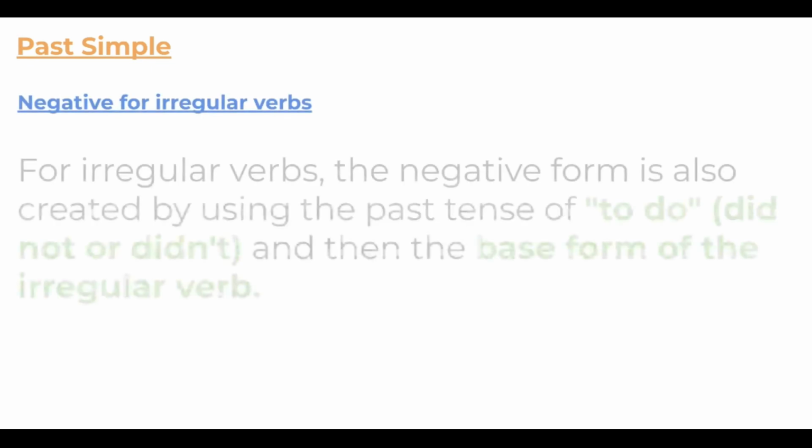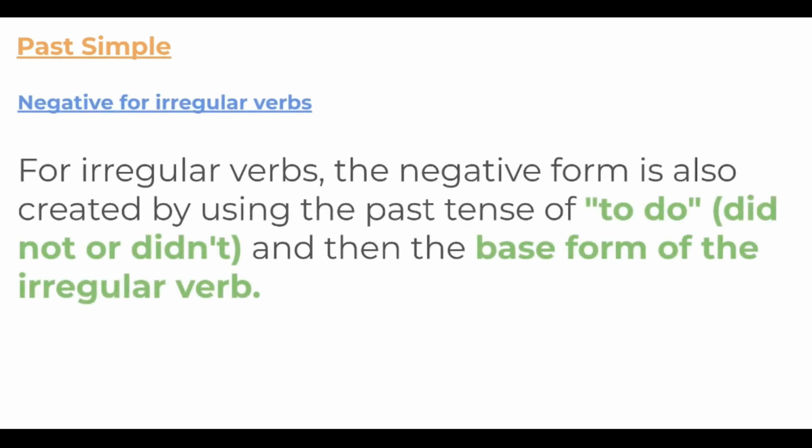Okay, irregular verbs then. We want to use did not or didn't, and then the base form of the irregular verb. So just like how we use the correct irregular verb, it's just a case of knowing them, learning them off by heart. We just want to use the base form of that irregular verb for the negative.